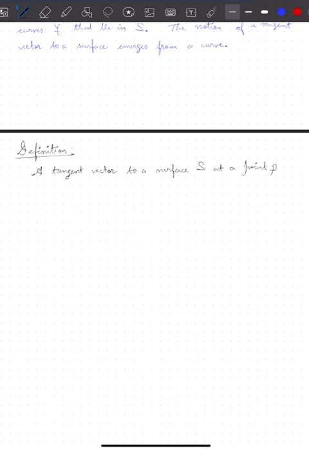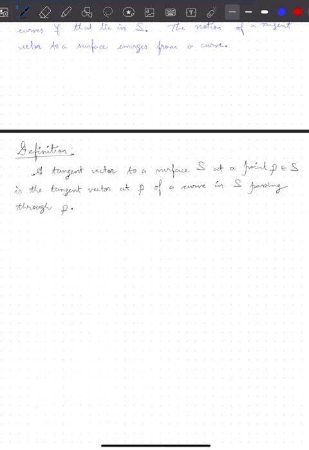Now let's have a definition. It states that a tangent vector to a surface S at a point P is an element of S that is the tangent vector at P vector of a curve in S and passing through P vector.